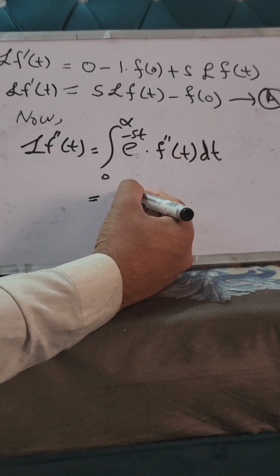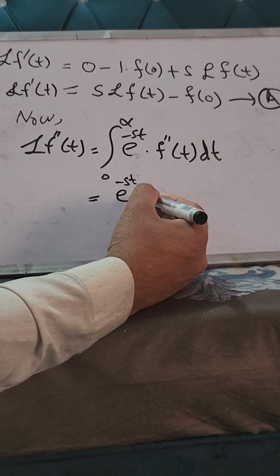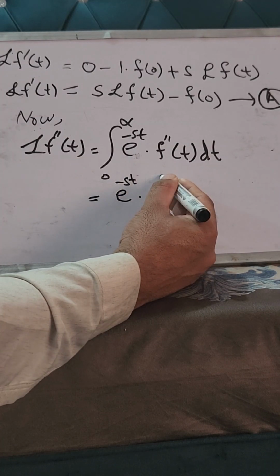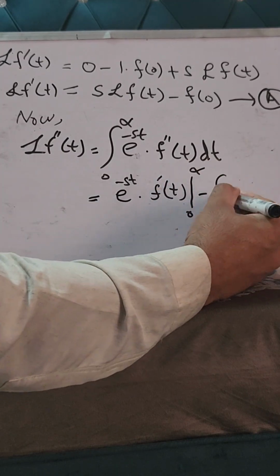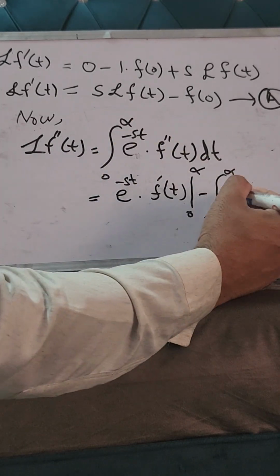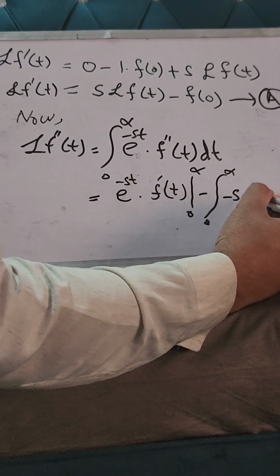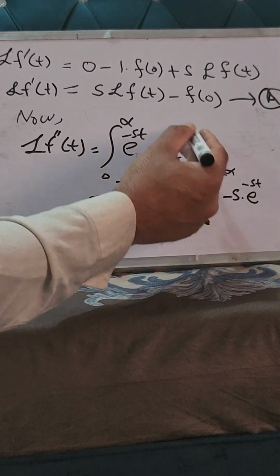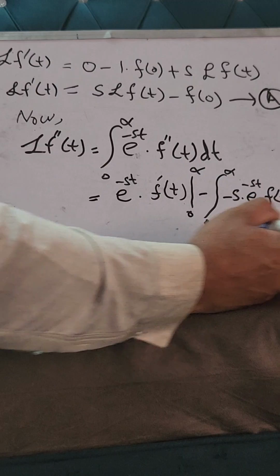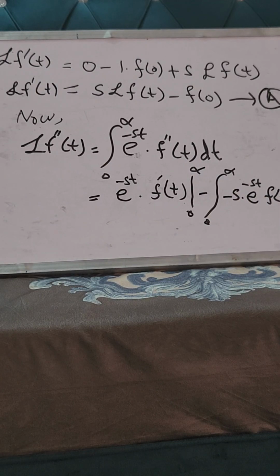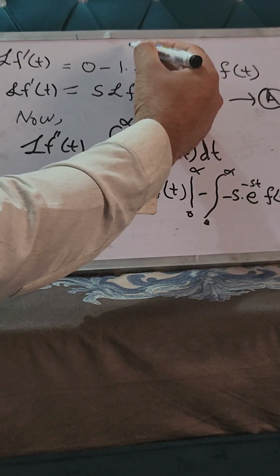Using the u into v formula again, we get integrating the second function and putting limit from 0 to infinity, minus taking the derivative of the first function and integrating the second function into dt. We note the value of this equation over here.